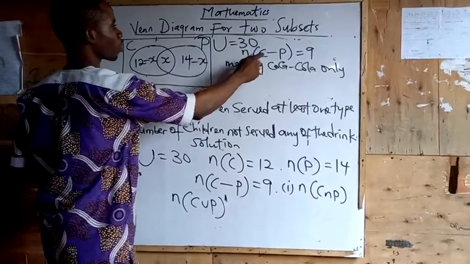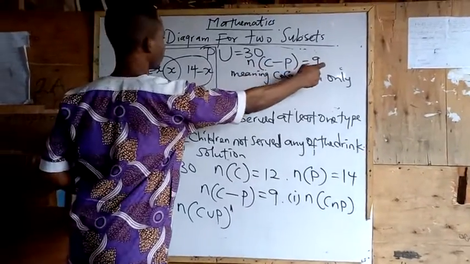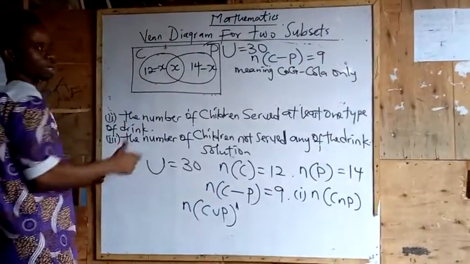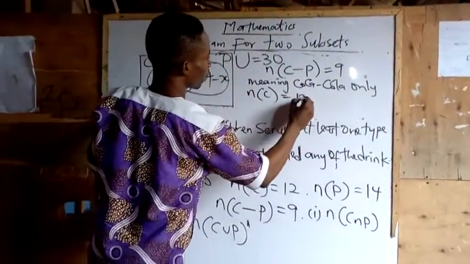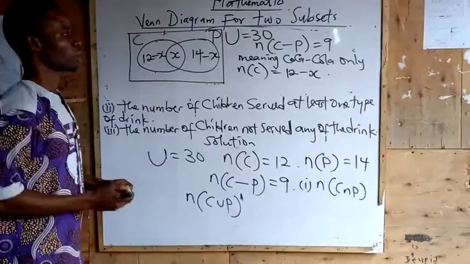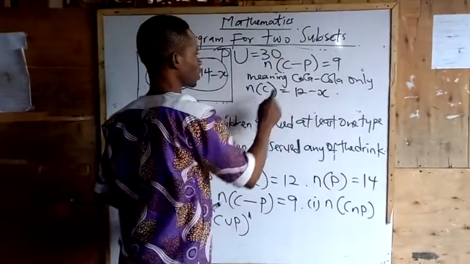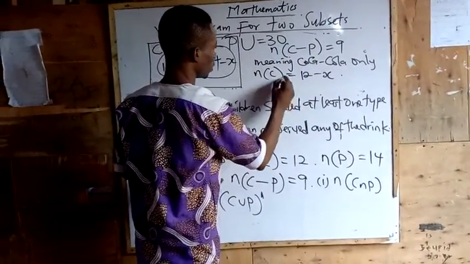Since I have Coca-Cola only to be 9, and I have it here as 12 minus X, what will I do? I will just equate them, because this thing and this thing are the same.